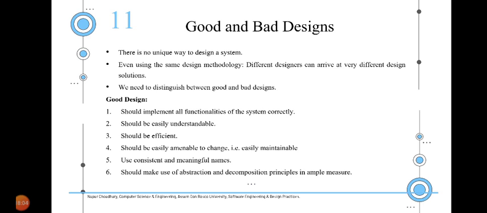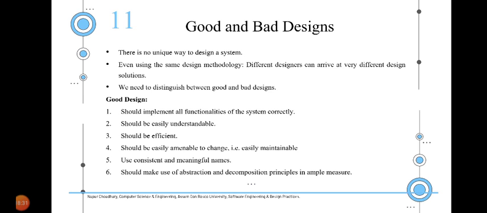So when we are talking about a good design, all designs are good if the aspects could be justified. Even using the same design methodology, different designers can arrive at different design solutions. No two designs will be similar or the same if two designers are asked to design the same project. However, both designs are not wrong as well.